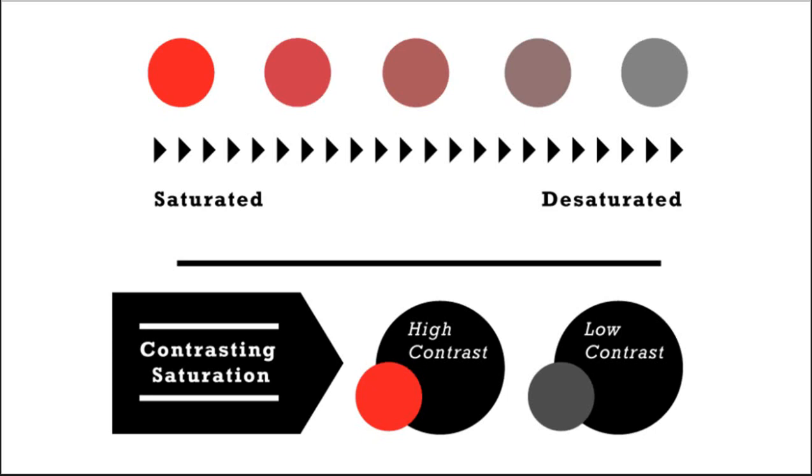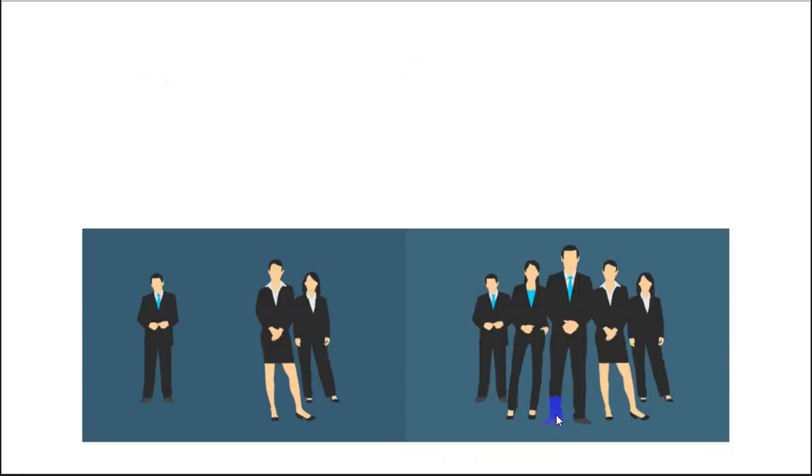So remember to desaturate. It drops the importance. High contrast, it's fully saturated. It's very vivid. This is low contrast. Those are really great ways to differentiate things on your page and reinforce your hierarchy.